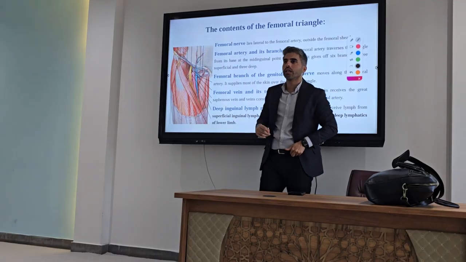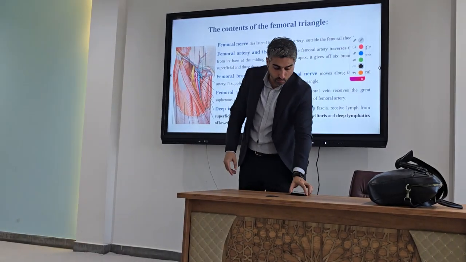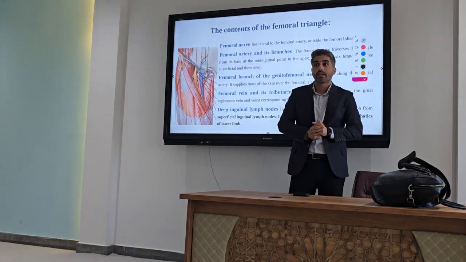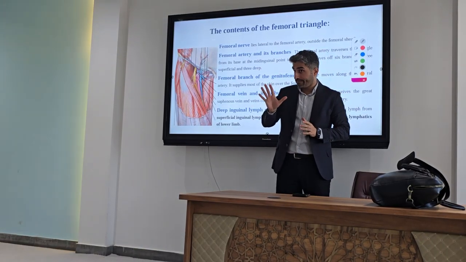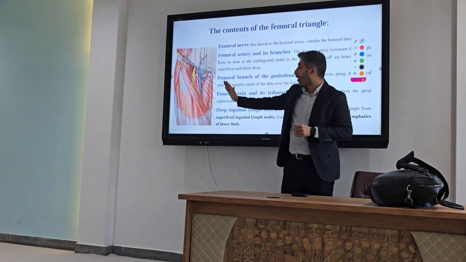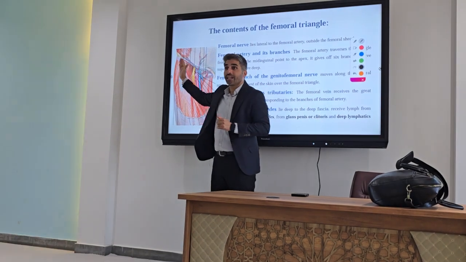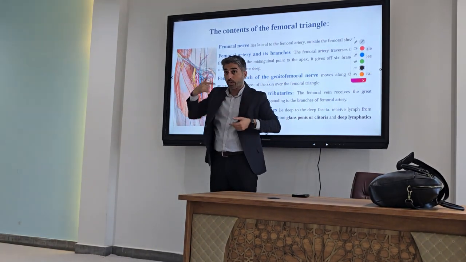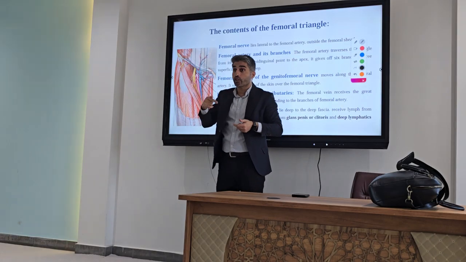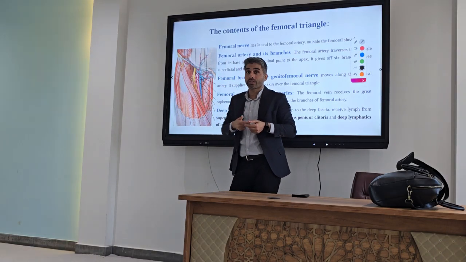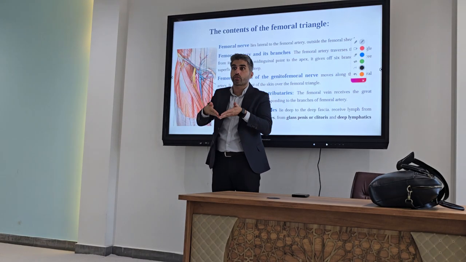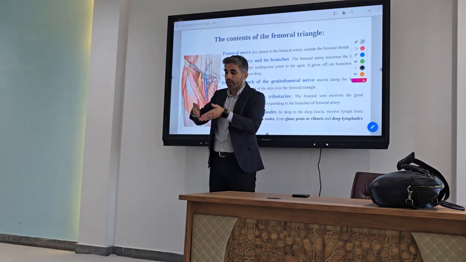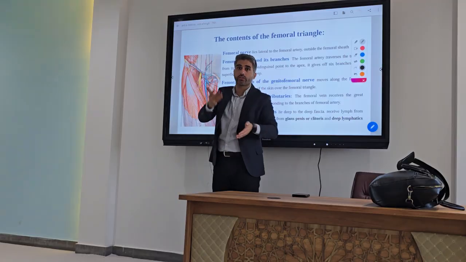If I ask you, which structure is the most lateral structure in the triangle? Sartorius is the lateral wall of the triangle, but the question was which structure is the most lateral inside the triangle. Nerve. Which structure is the most medial inside the triangle?